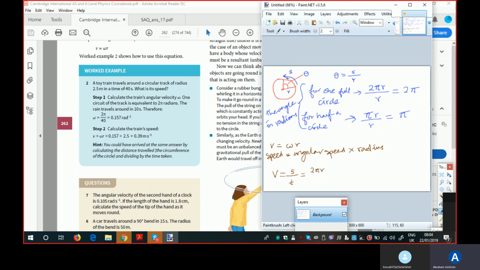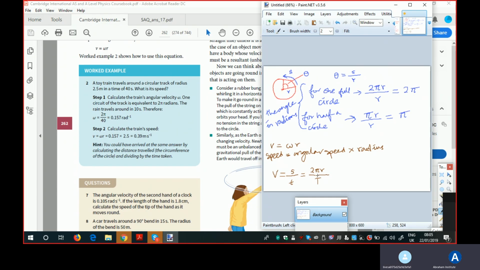So that is the distance. To consider this as speed is distance over time. Then the time for one whole round is the period, capital T. So 2 pi r over T is v, the speed, because if it's velocity, then it comes back to the same point, it is 0. So here we consider it as the speed.